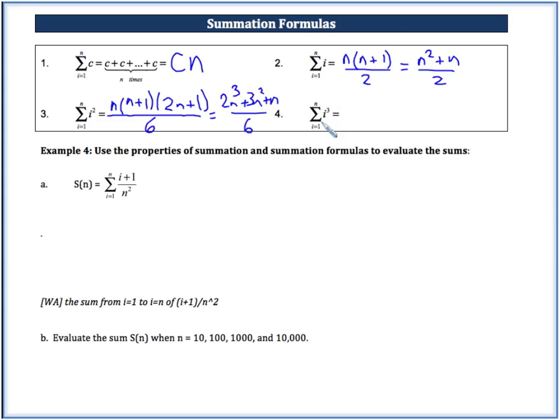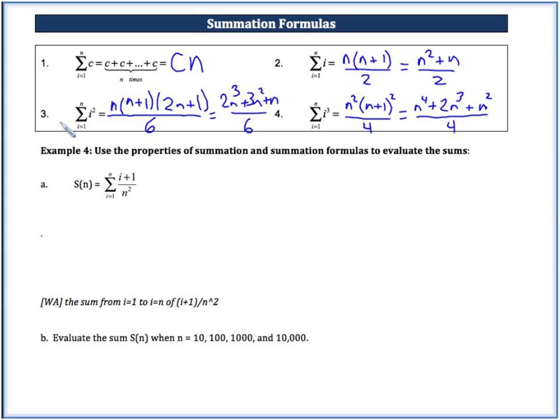And the last one, if we have an i cubed, we get n squared times (n plus 1) squared over 4. And again, if we multiplied all that out, we would get (n to the 4th plus 2n cubed plus n squared) over 4.